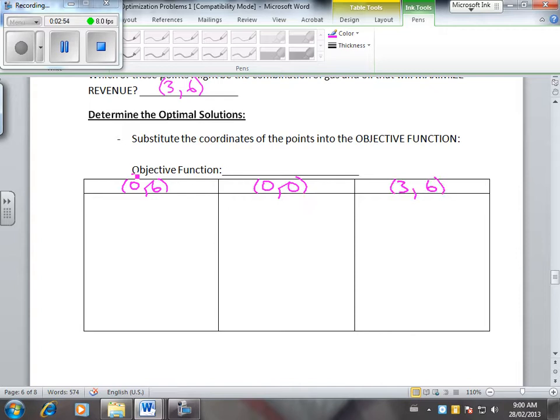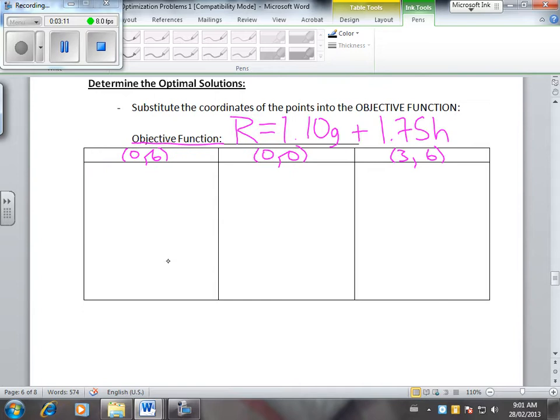And we have to use our objective function. Now that was the equation that we wrote for revenue, not an inequality, an equation. So it was 1.10 because that was the price for gas, or that they got when they sold gas, and 1.75 for when they sold heating oil. And again, these are ordered HG instead of XY. And all we have to do is fill it in.